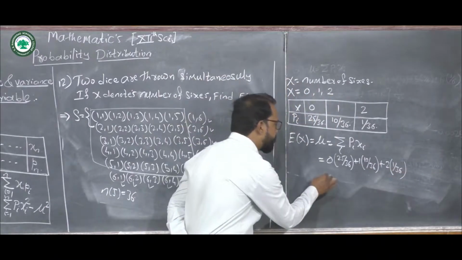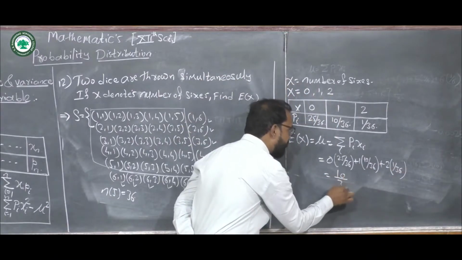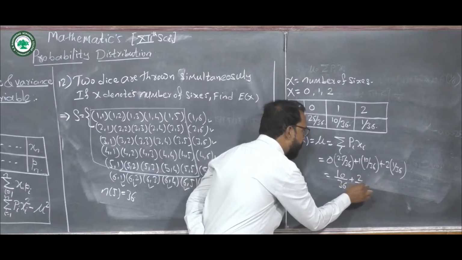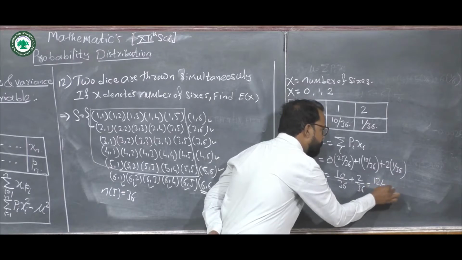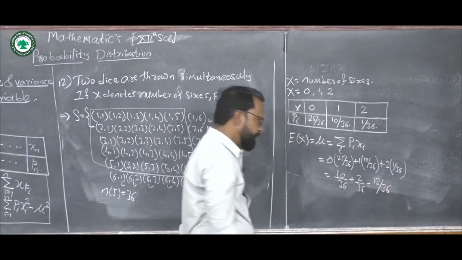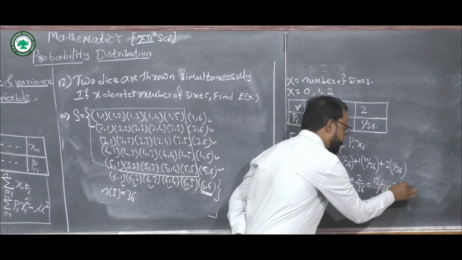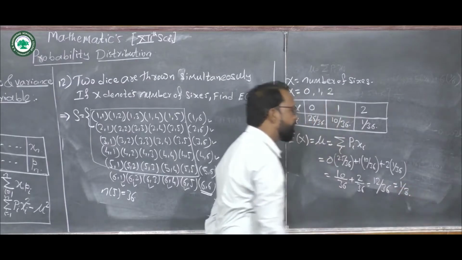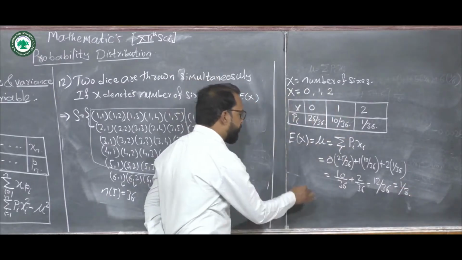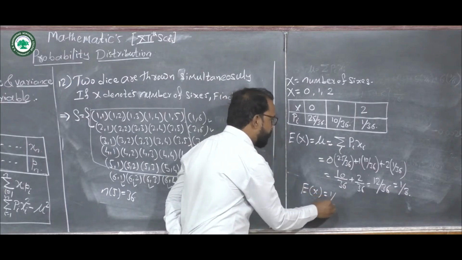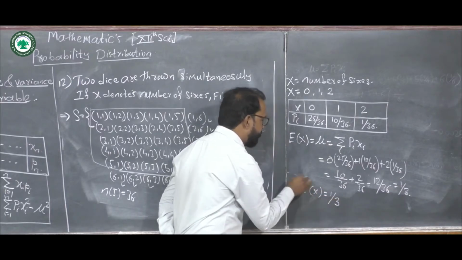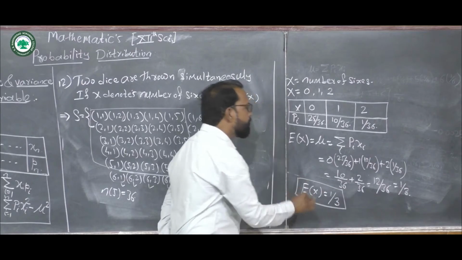So it becomes 10 upon 36 plus 2 upon 36. That gives 12 upon 36, that is 1 by 3. So we get the expected value of x equals 1 by 3.